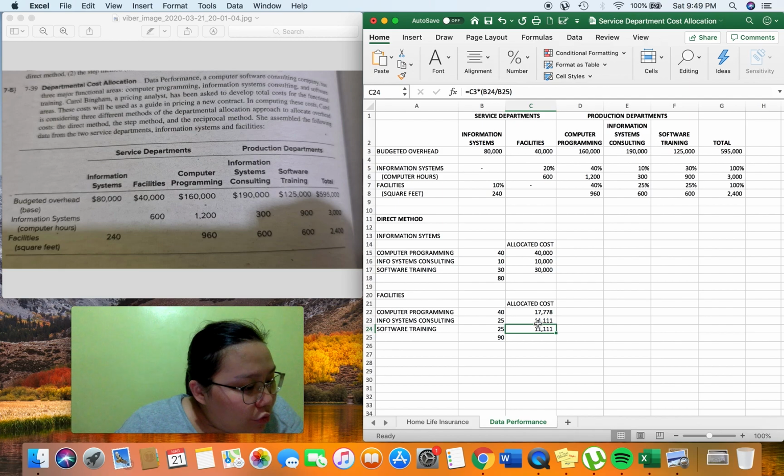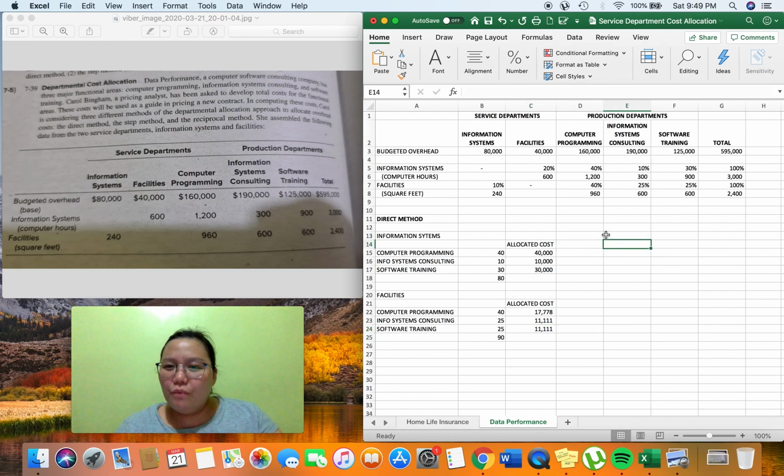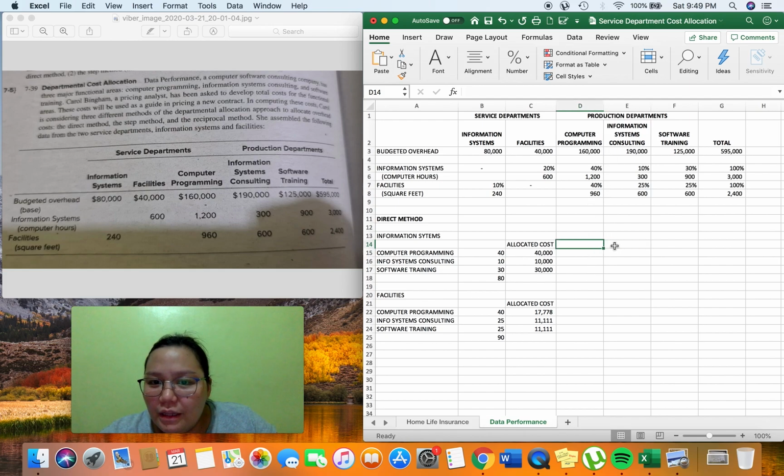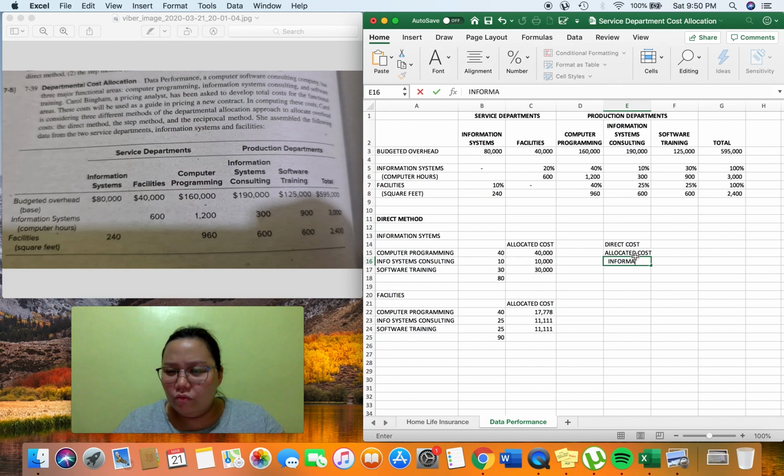Okay? So, to be complete, let us compute the total cost of each production department. We have the direct cost of the department, and then our allocated cost from information systems and facilities.